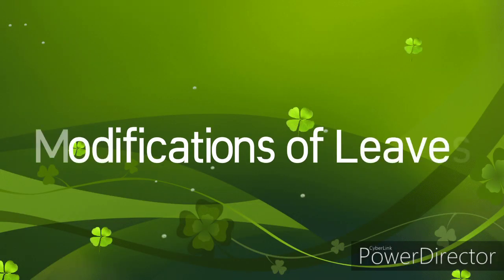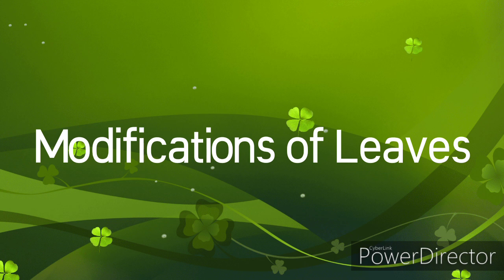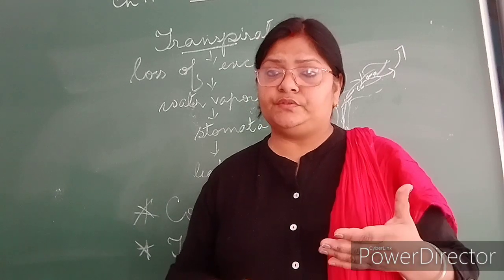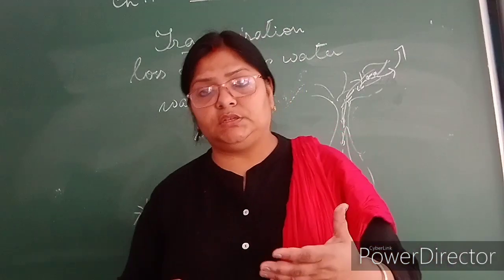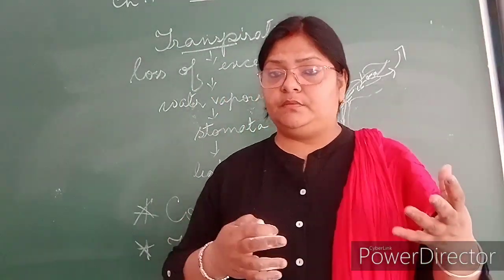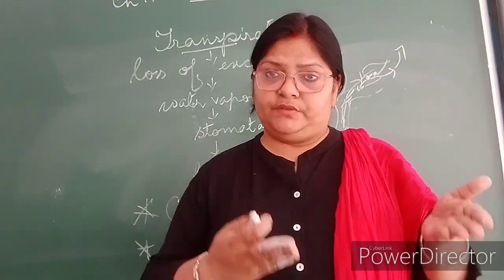Now the next thing we need to know about is the modifications of leaves. The leaves are modified, meaning there are certain changes. What we studied about the structure, the lamina or leaf blade, the petiole, the midvein, is the structure of a normal or general leaf.